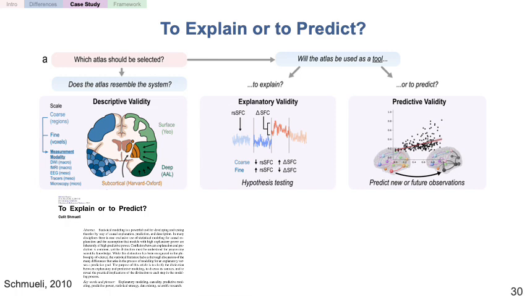if we're using an atlas to test or explain a biological phenomenon of a very specific region in the brain, such as a thalamic subnucleus, you better be sure that the atlas correctly localizes and assigns the signal or measurement characteristics to that region.